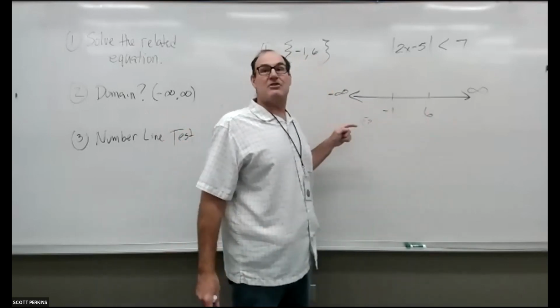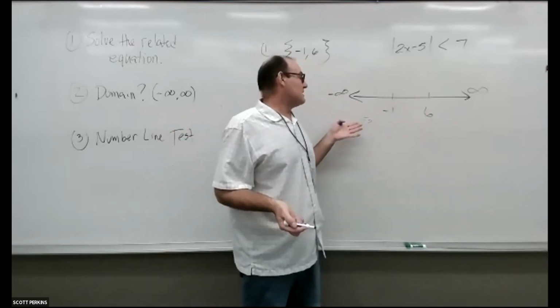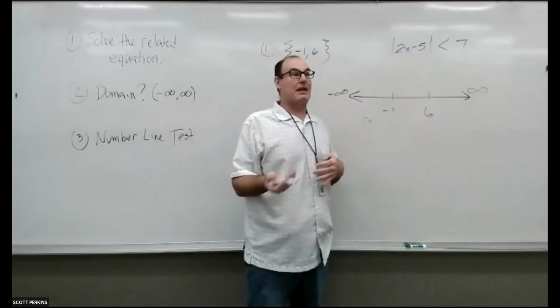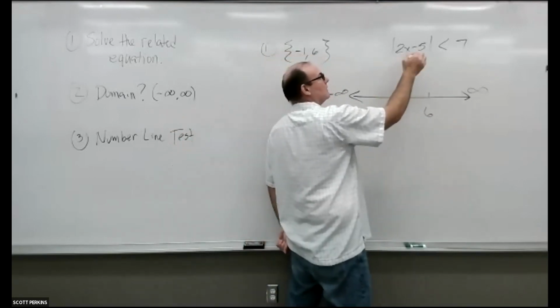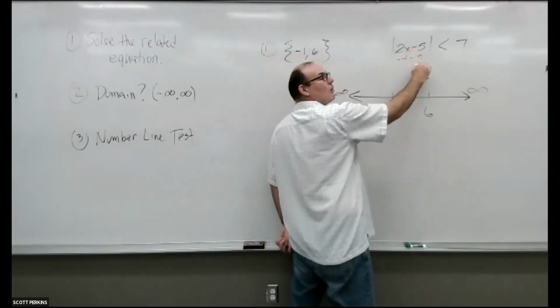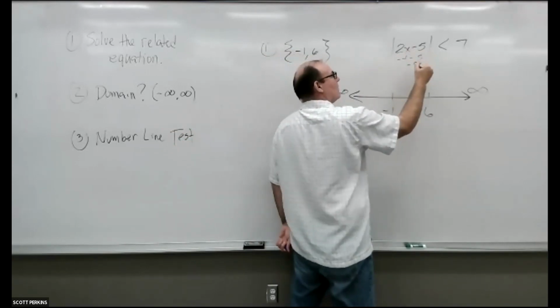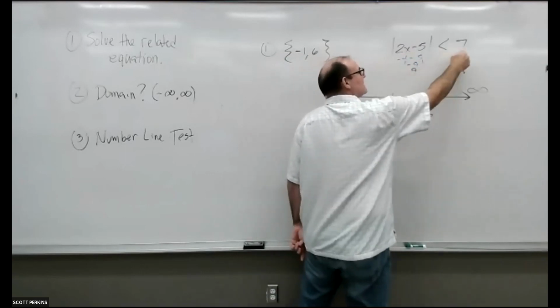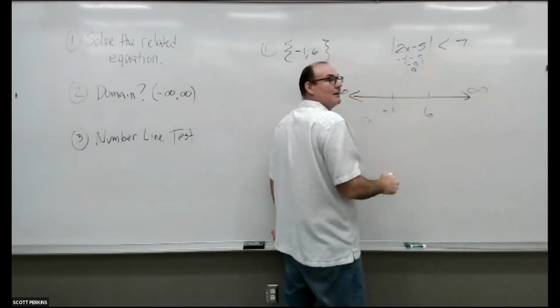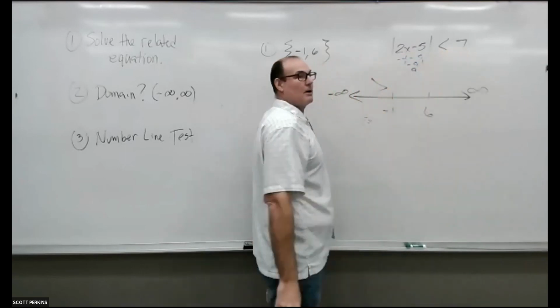When I put -2 in, we're going to see, is this relationship less than or bigger than? So here we go, -2. What's 2 times -2? -4. Minus 5 is -9. What's the absolute value of -9? Is 9 less than 7 or is 9 bigger than 7? I'm going to put a bigger than.